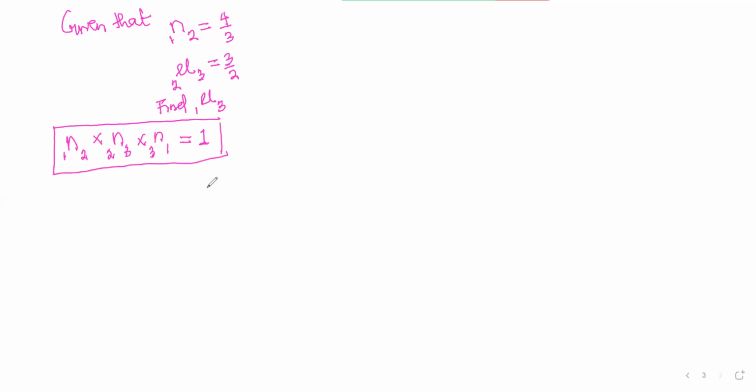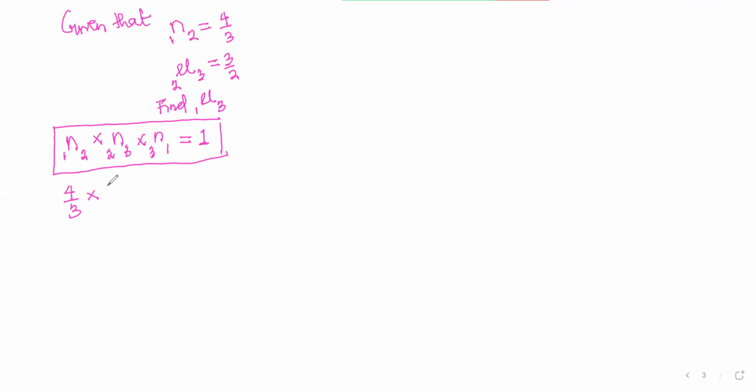So we are looking for 1 to 3, but we don't have 1 to 3. Do we have the refractive index from 1 to 2? Yes, so this is 4 over 3 times. Do we have from 2 to 3?